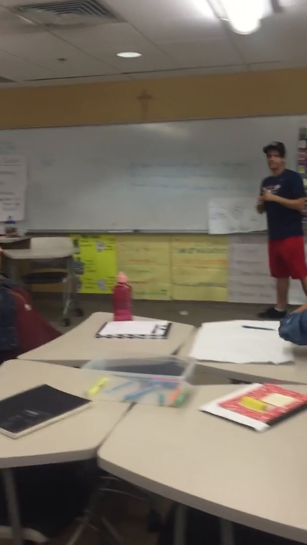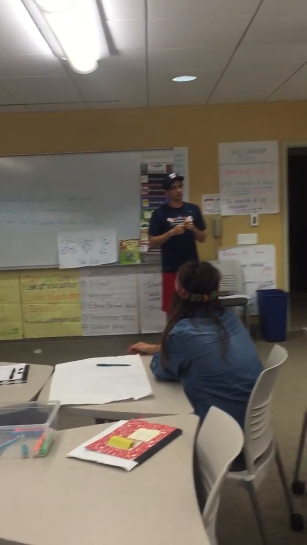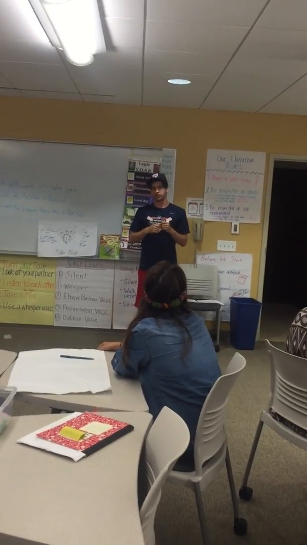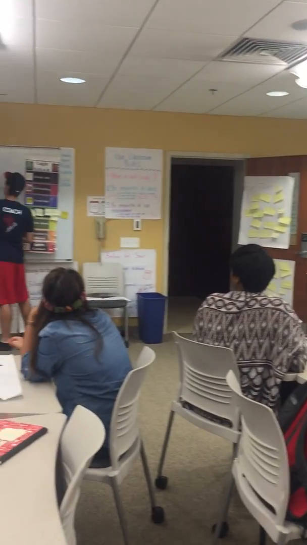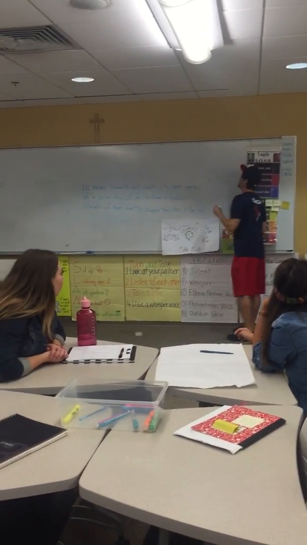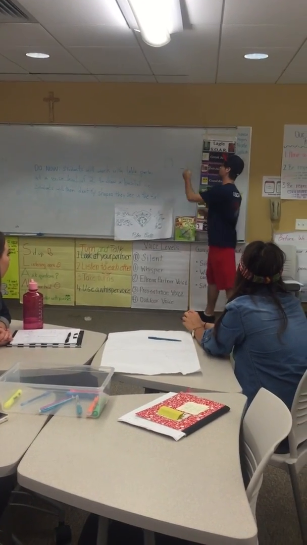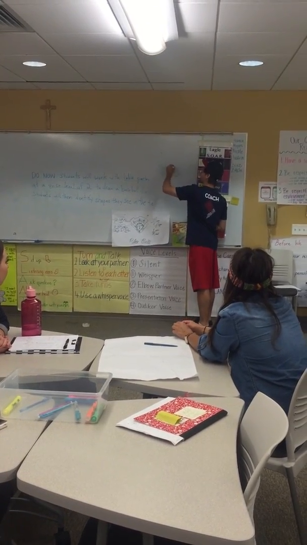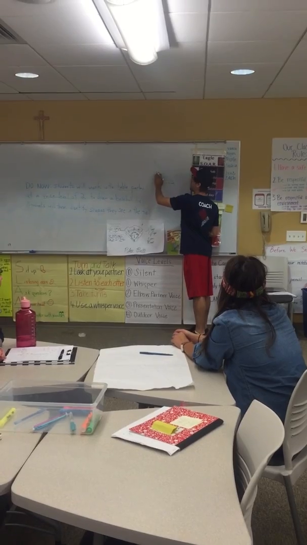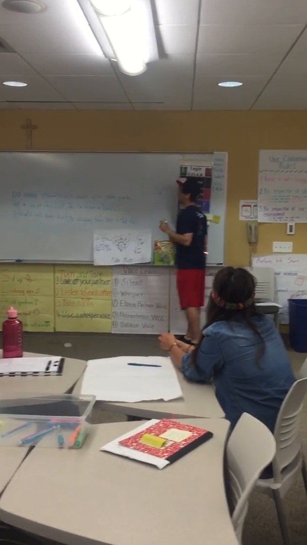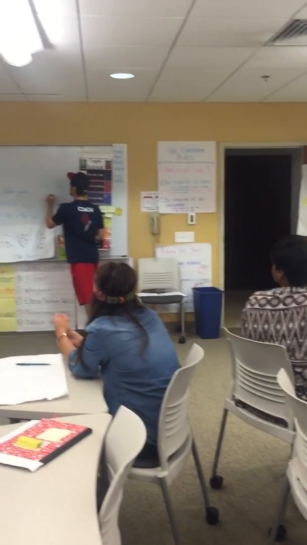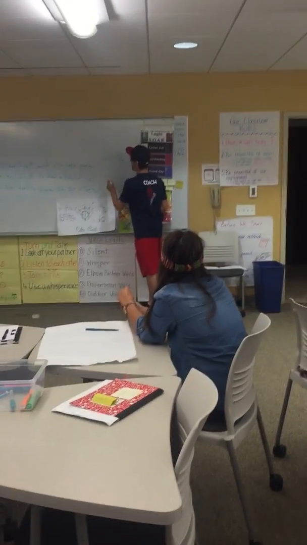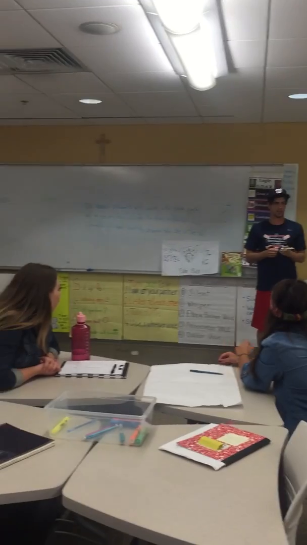So the next step is, if we took our angles and we want to make them into triangles, I'm going to model for you the first one. It's using this right angle. You see, if we add another line here, then it's a triangle. And that would be a right triangle. Now, I would like to see if somebody would be willing to come up here and see if they can make a triangle out of this acute angle.